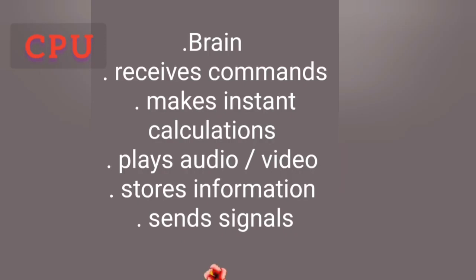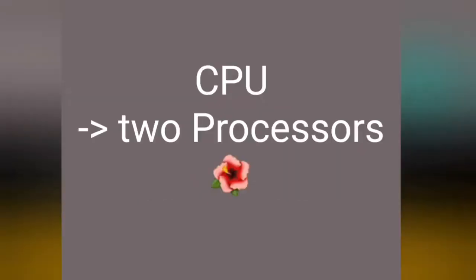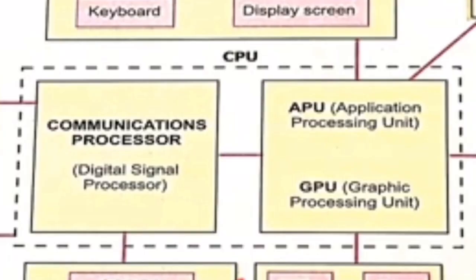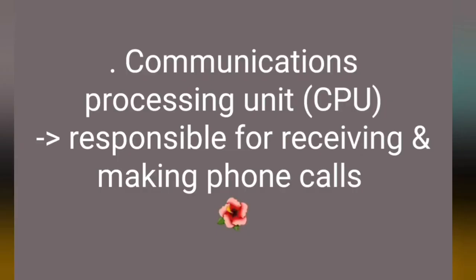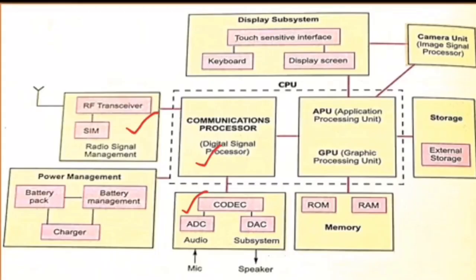The CPU has two subprocessors, the Communications Processing Unit, CPU, and the Applications Processing Unit, APU. The Communications Processing Unit is responsible for receiving phone calls and making phone calls. It is connected with the Radio Signal Management Unit and the audio subsystem, that is the codec. This connection happens through a digital signal processor.